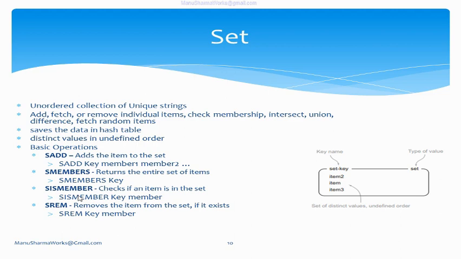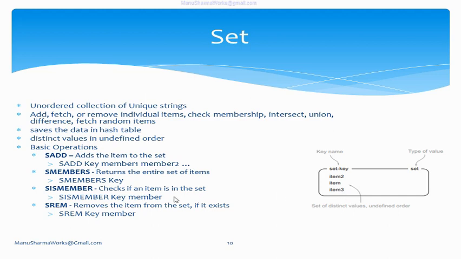SISMEMBER: in order to check whether a value is present in the set or not, we use SISMEMBER key and member. Suppose I want to check whether item 3 is present in this set or not, I will use SISMEMBER set key and item 3, and it will return 1.